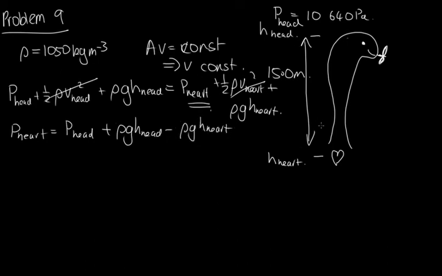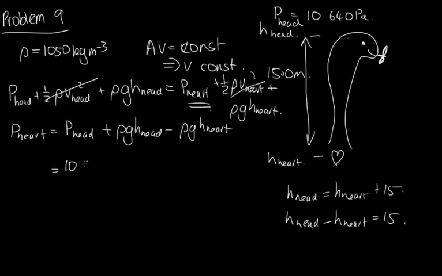Now what we can see from this diagram is that the height of the head is equal to the height of the heart plus 15, or the height of the head minus the height of the heart is equal to 15, just rearranging this equation. So we've got that the pressure in the heart is equal to the pressure in the head, which is 10,640, plus rho g h. Rho is 1,050, g is 9.8, and then we've got the height of the head minus the height of the heart.